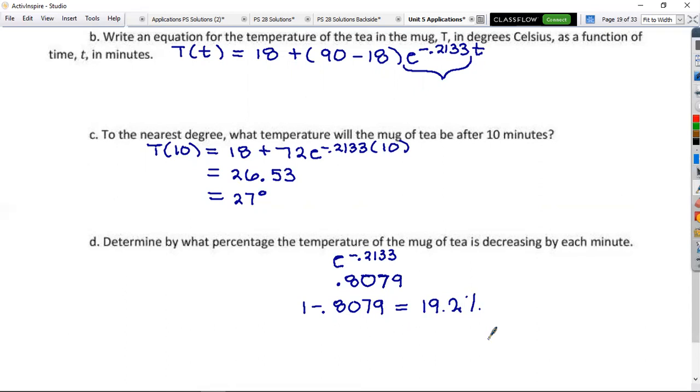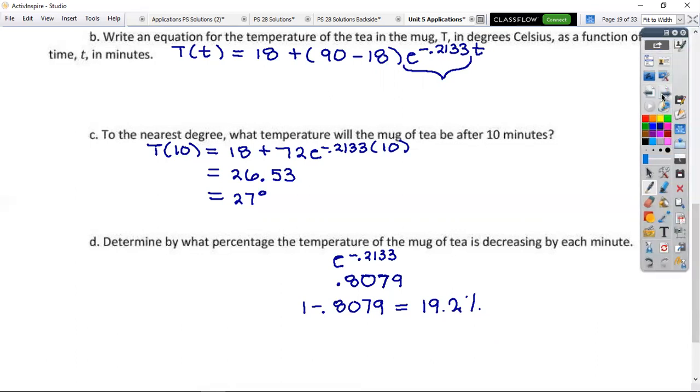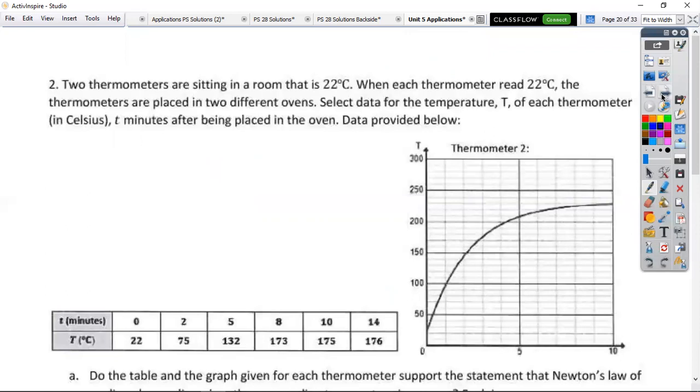How's the first one with the cooling? Okay. So your last part today also works in reverse. So we're also going to do something that heats up. So I gave you on the back 2 different thermometers. They're sitting in a room that is 22 degrees Celsius.